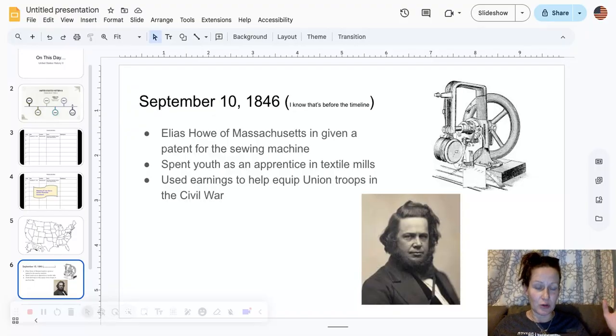There were other types of sewing machines before him, but he developed a very special type that helped really reduce the cost of textiles, like clothing, in the United States. He got this idea because he spent his youth and young adulthood as an apprentice in textile mills. Remember, textiles are like fabric, in Lowell, Massachusetts, which was a big center of textile production.